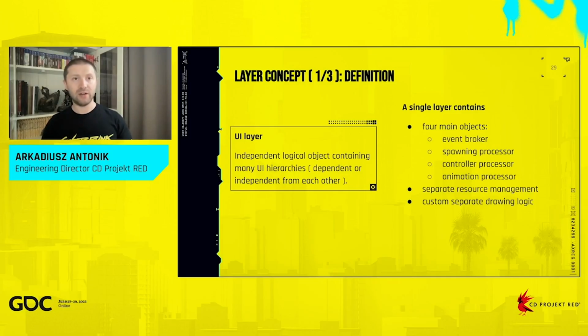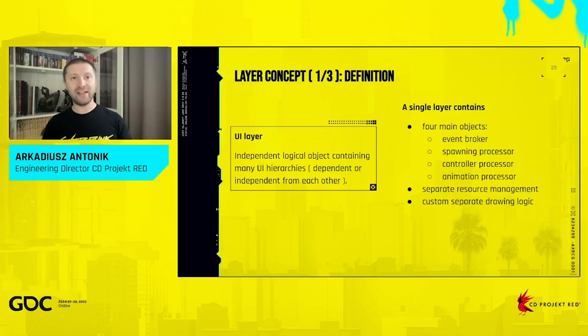Event broker for queuing and broadcasting events. Spawning processor managing all spawn requests. Controller processor is managing game-related logic. And animation processor is sampling and evaluating animations. More about them later. Additionally, each layer could decide about resources based on the layer specification.